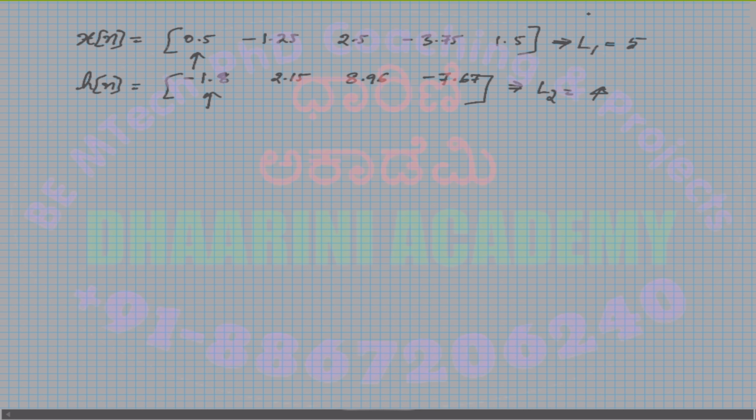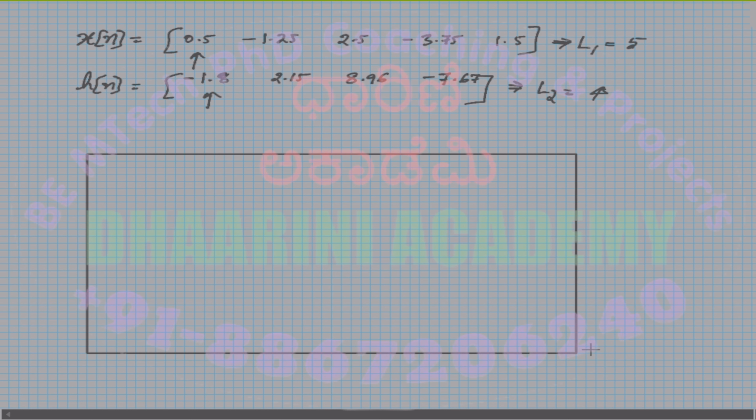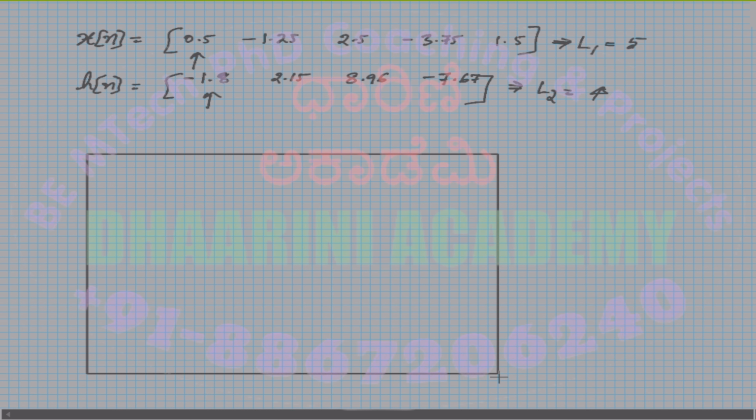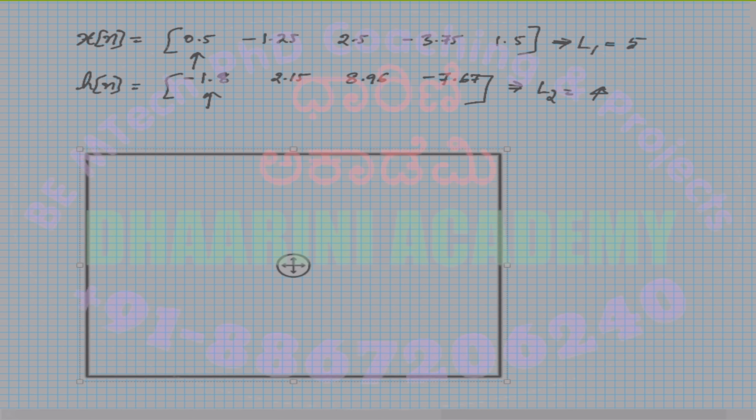So I need a table, so let us directly draw it. I have to have 5 rows and 4 columns basically.